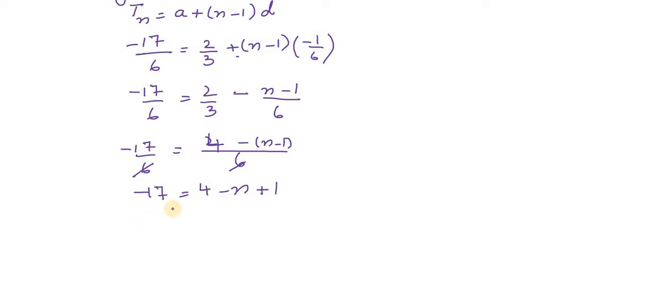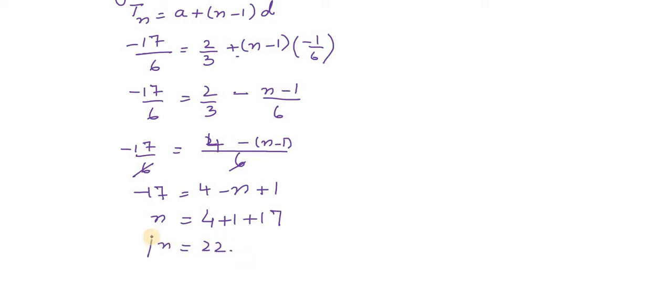So we find the value of n. N is negative here, and on the other side of the equality it will be positive. 4 plus 1 plus 17, so n is equal to 22.